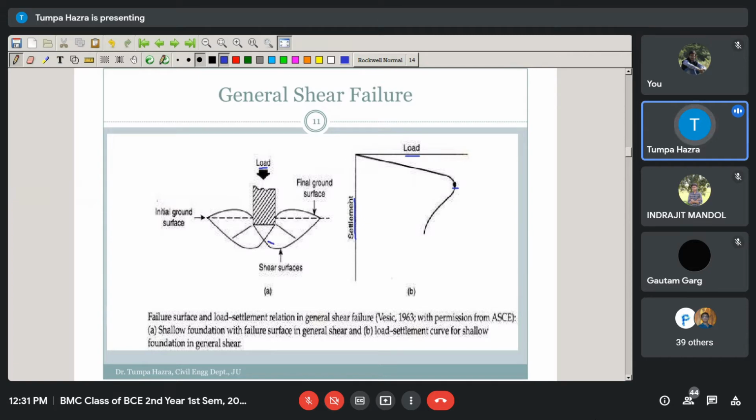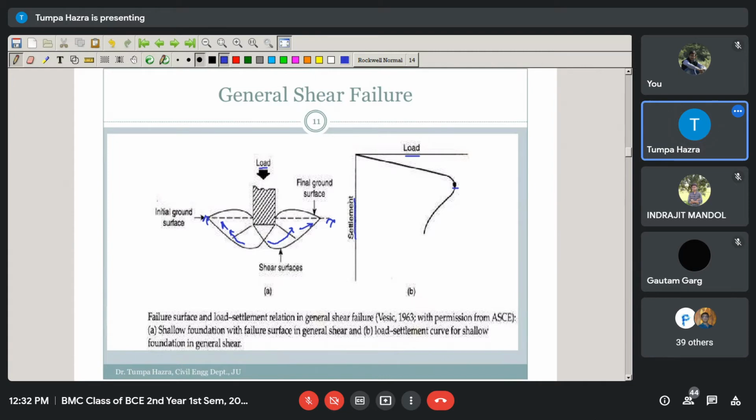Due to this failure, you will find that there will be bulging of the soil above the ground surface. This is your ground surface. So here you can see, due to the shear failure, the soil adjacent to the building bursts at the top surface. So this type of failure is known as general shear failure.